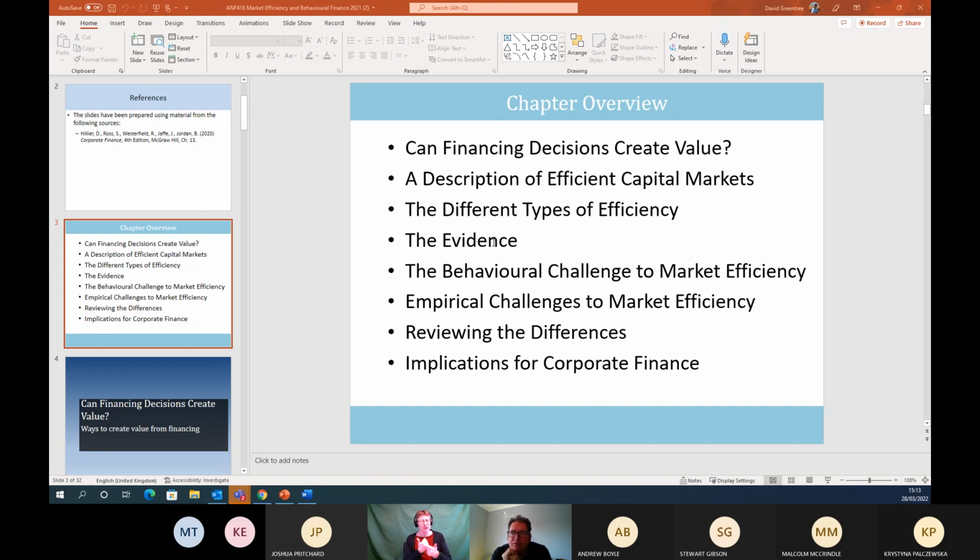To be correctly priced, we have to know all the information and all the probabilities of things that will happen so that we can factor them into the price. We'll look at the different types of efficiencies, and then the chapter looks at how behavioral finance can impact on the decisions that we make.